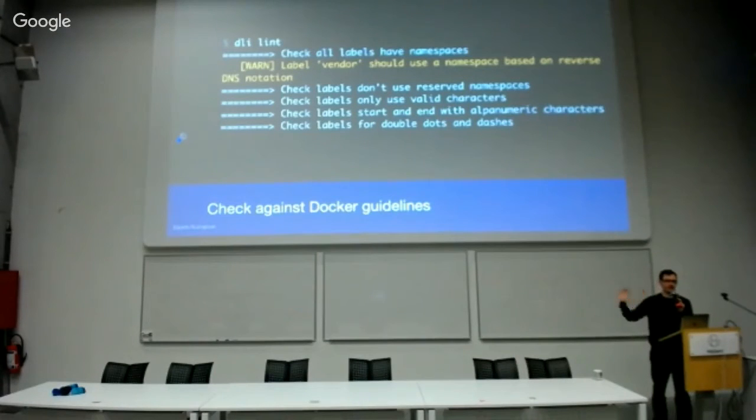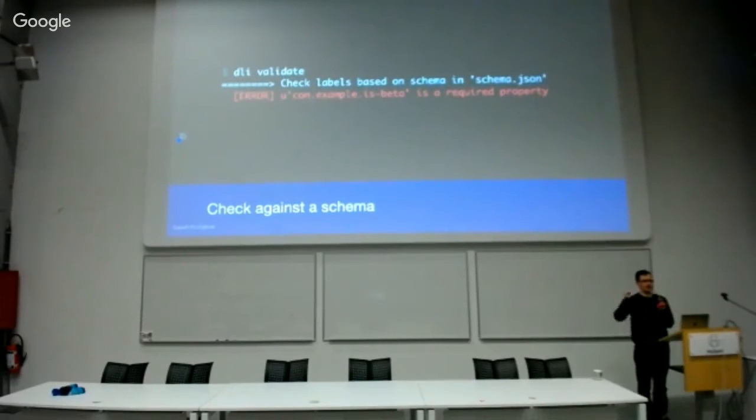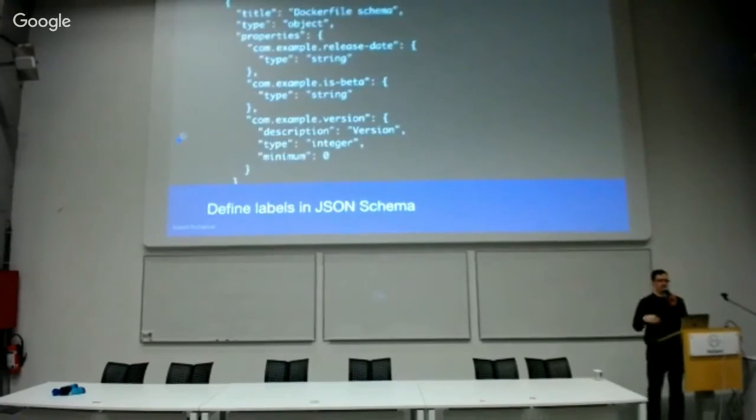Honestly, Hadolint does that much better. I think I wrote this before they shipped Hadolint, but I totally use Hadolint instead of that. More interesting in this context is something that I was doing with the same tool, which was actually validating labels based on a schema. So in my case, I picked a JSON schema.